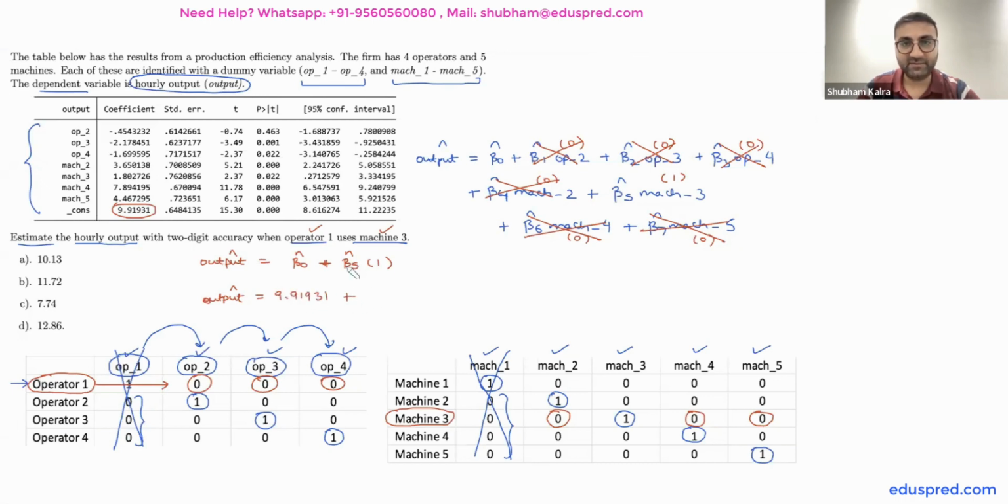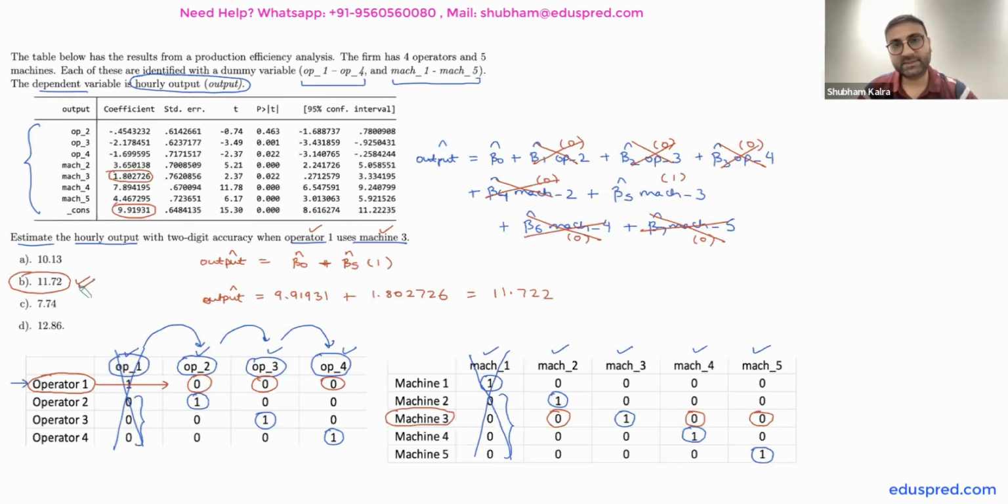And what's your beta 5 hat? Beta 5 hat is your coefficient of MACH_3. So beta 5 hat is this, 1.802726. And this is equal to 11.722. That means the correct answer is part B, 11.72.